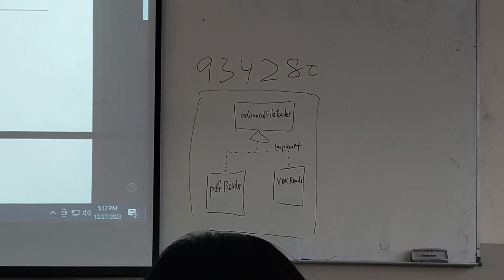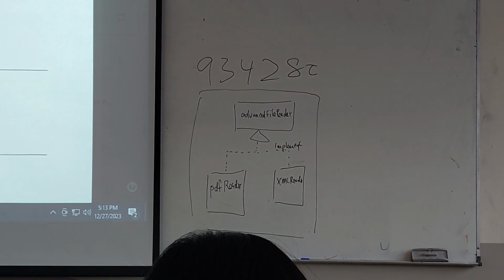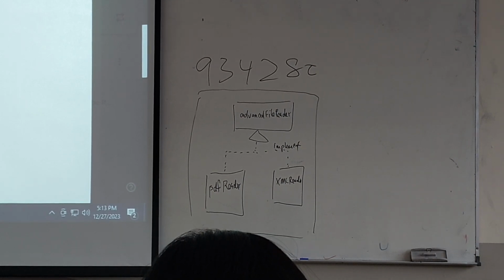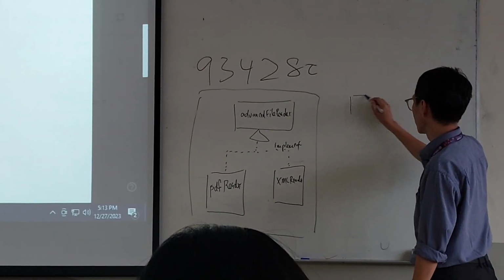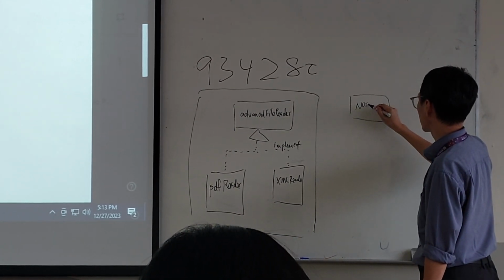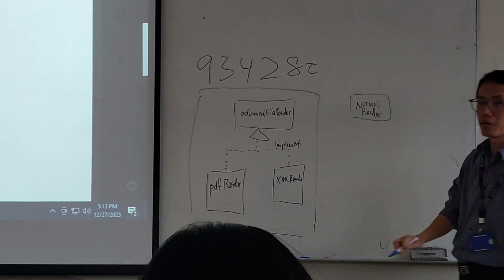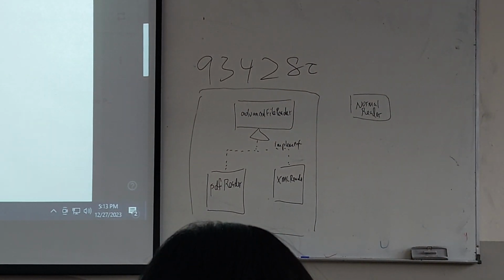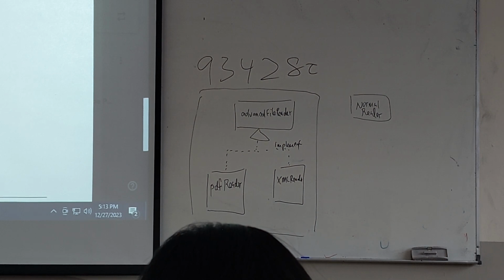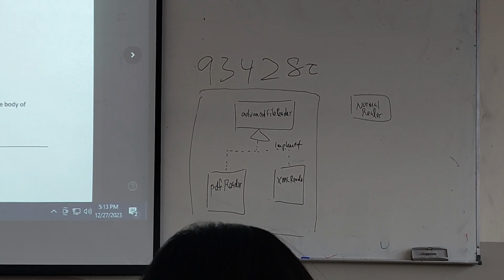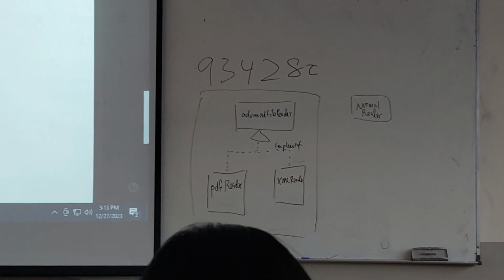So I will have a normal reader, used by dot reader and the file adapter, right?